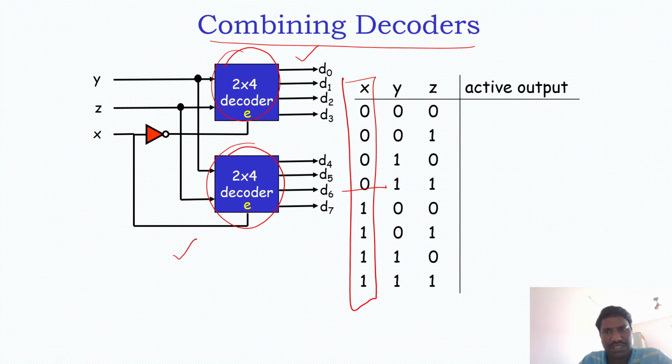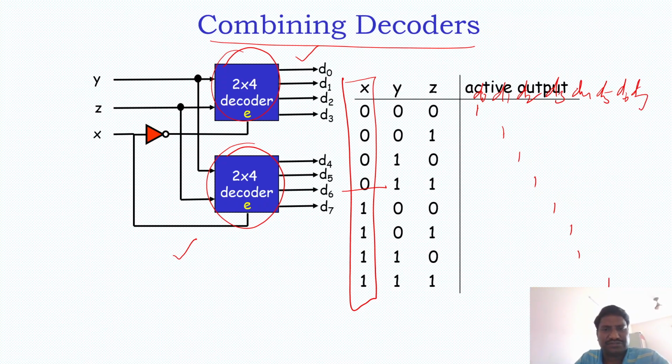D0 will be 1 for this input. Next D1 will be 1, next D2, D3, D4, D5, D6, D7. Rest are all zeros. So what I need to mention here? D0, D1, D2, D3, D4, D5, D6 and D7.